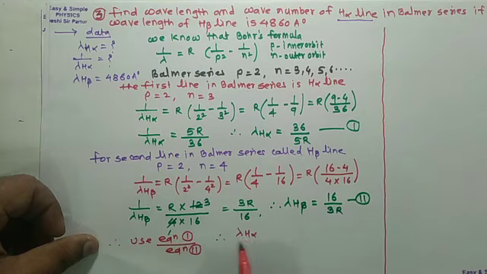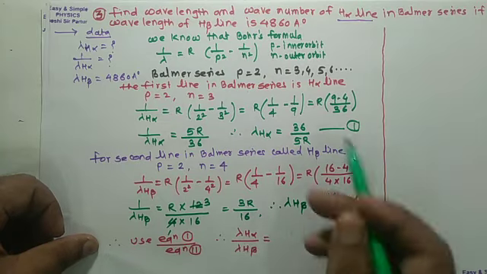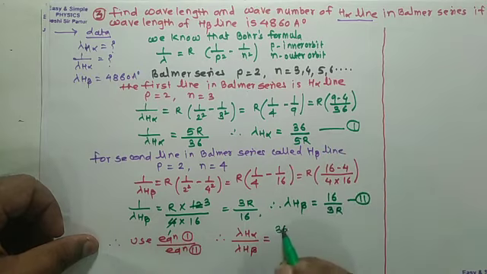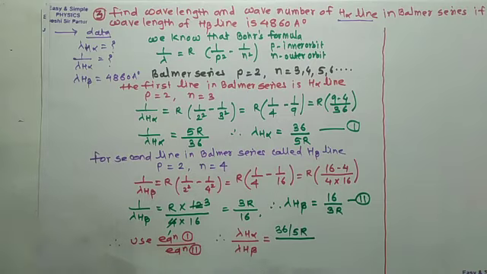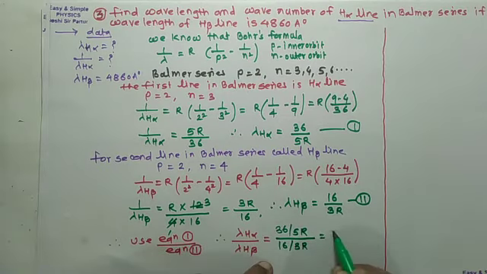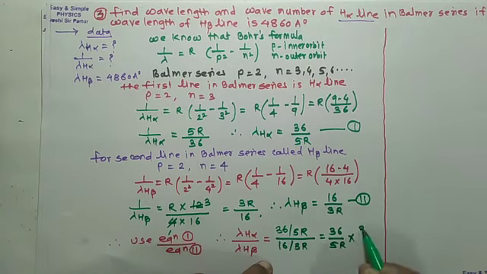Lambda H alpha divided by lambda H beta is 36 divided by 5R divided by 16 divided by 3R, which is written as 36 divided by 5R multiplied by 3R upon 16.